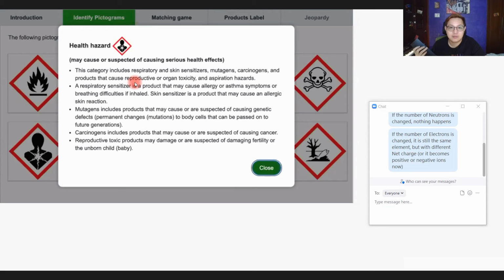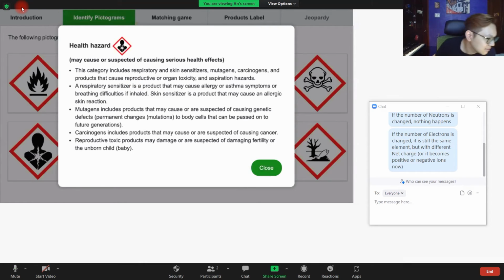Aspiration hazard. I think aspiration means you inhale it, I think. Let me check. Aspiration. I think aspiration hazard means inhaling it and it becomes a hazard, maybe. Yes, they explain it over here.